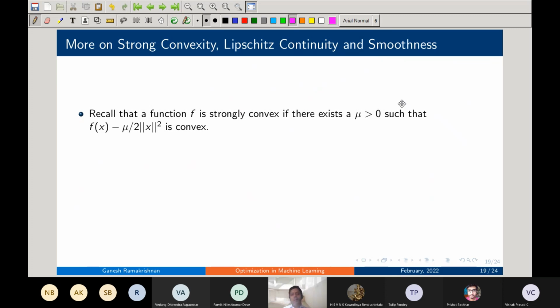So we could recover strong convexity from convexity. That was the motivation for regularization: we could construct a strongly convex function by adding a regularizer. That's the basic idea.